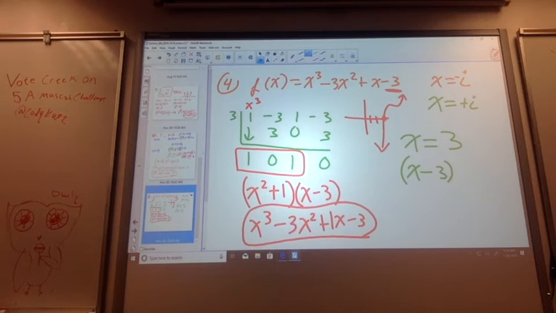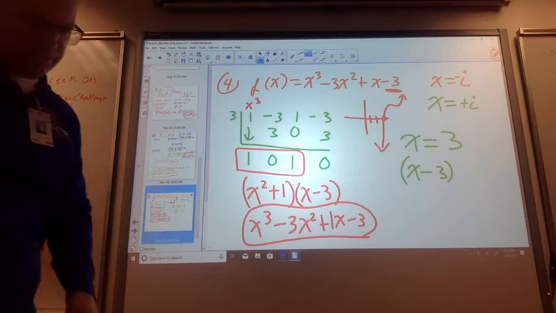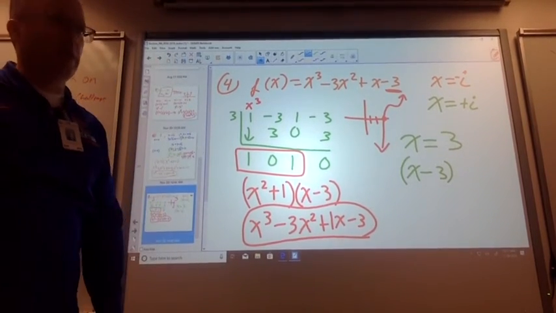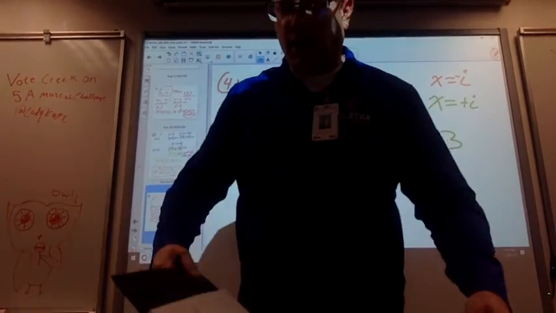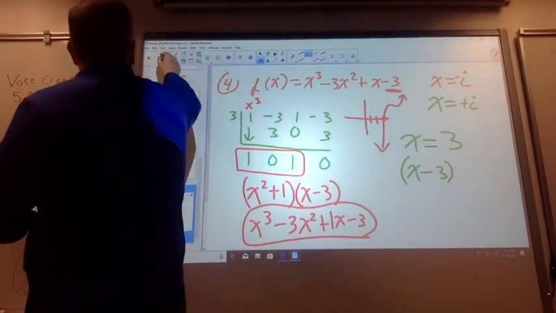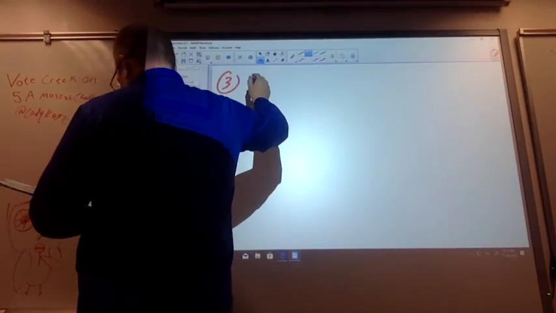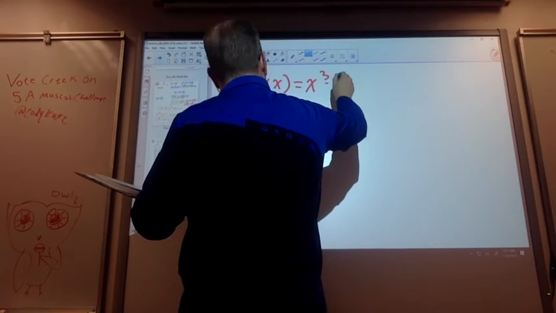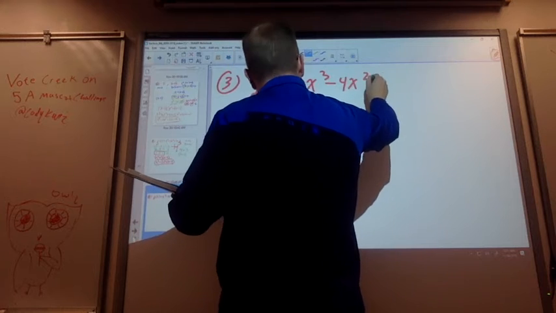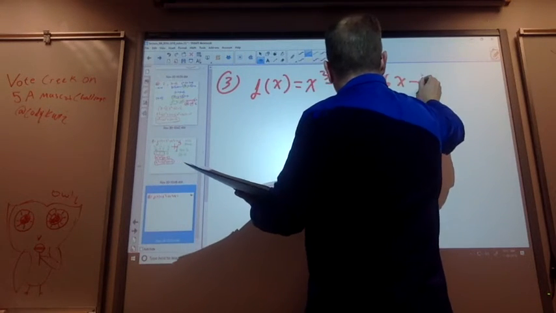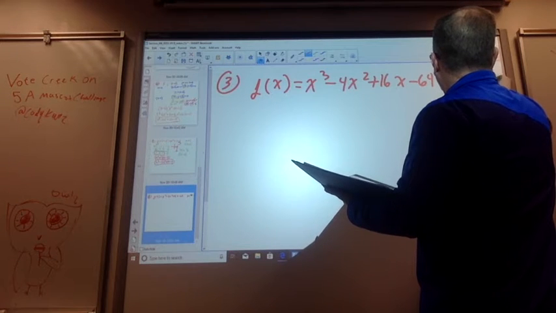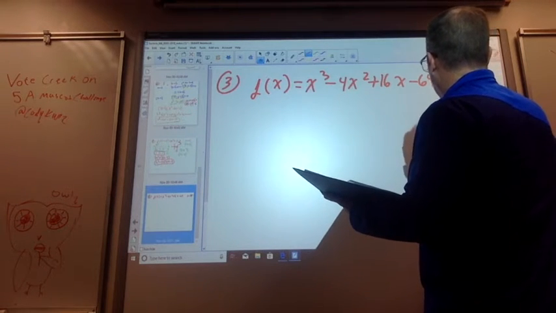For number 3, would the x equals 4i be the same as this? Yeah, you would do the same thing. Okay, so number 3, same idea. What's another 0 got to be?